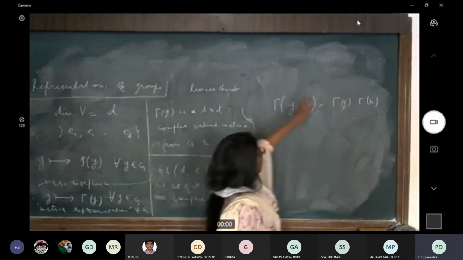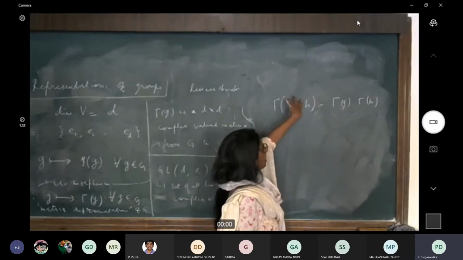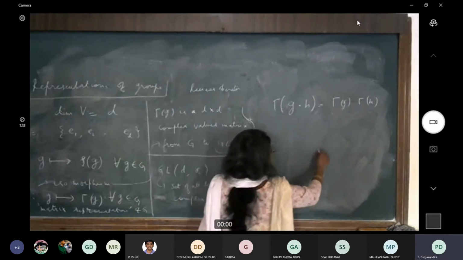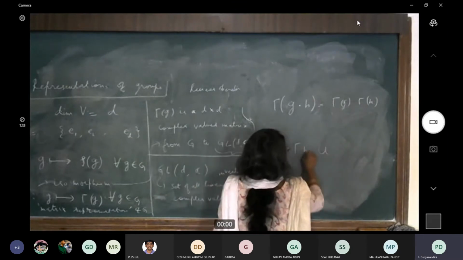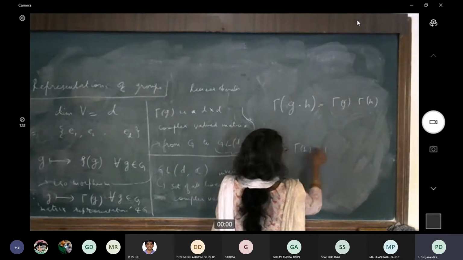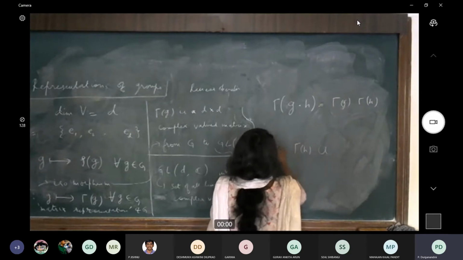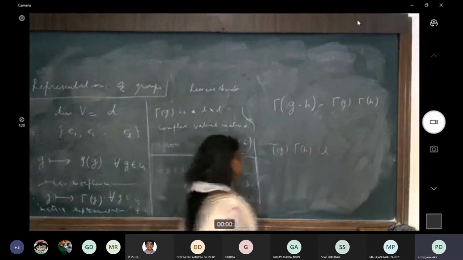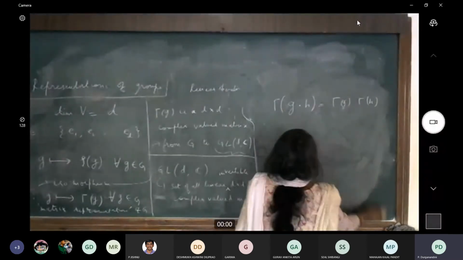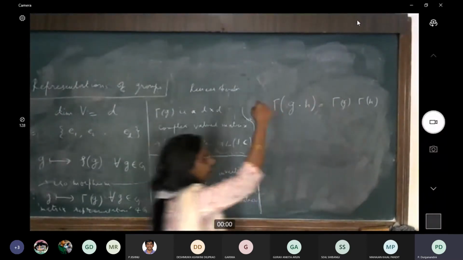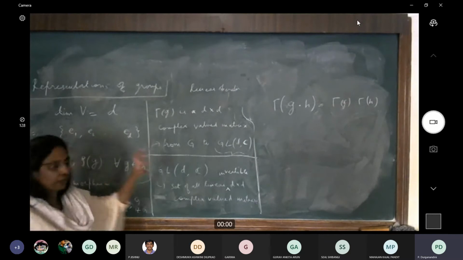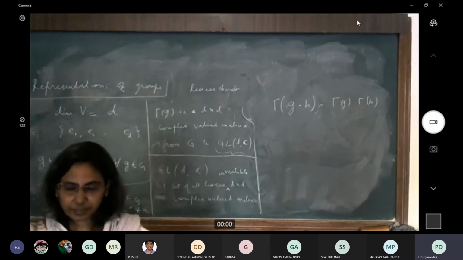Performing first the operation H and then G means that, acting on vectors in the vector space, if I have a U, I first do gamma H of U, which goes to some vector U prime, and then I again apply gamma G. Or in other words, the action of a group element is converted into the action of this matrix on the vectors in the vector space.